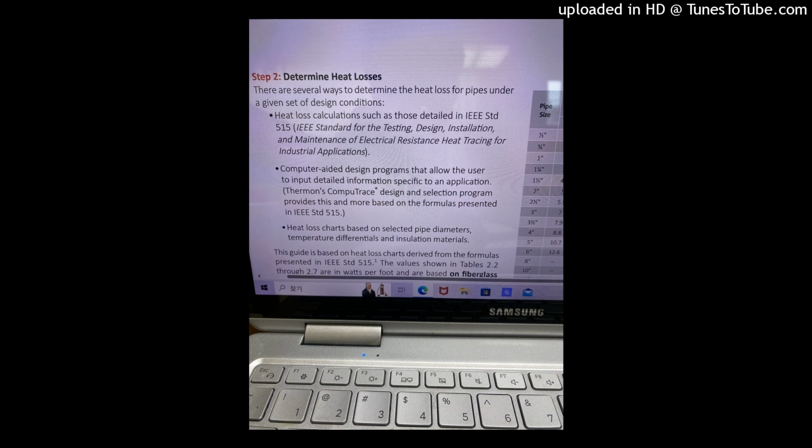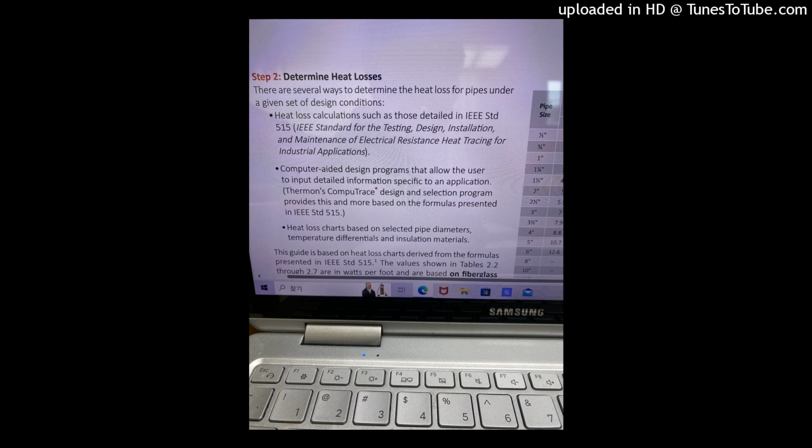Number 1. Select the heat loss chart which meets or exceeds the temperature differential between the minimum ambient and the maintained temperature. Number 2. Based on the pipe diameters of the application, read across the table to the insulation thickness column to find the heat loss under those conditions.